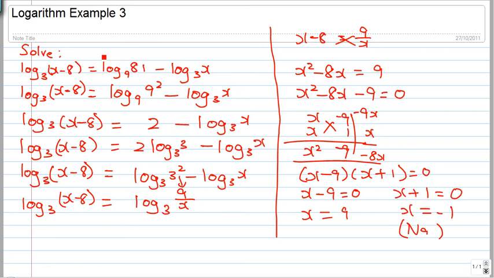You can't log a negative number. Alright, the answer will be undefined. Same here, log base 3 of negative 1, the answer will still be undefined, so you have got to reject this. Alright.